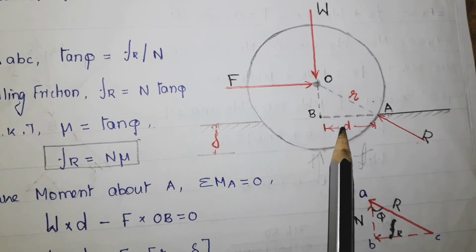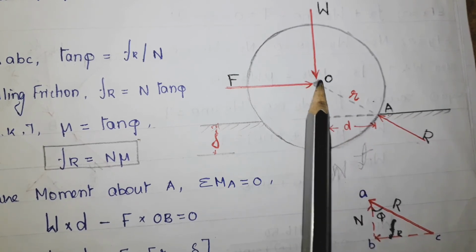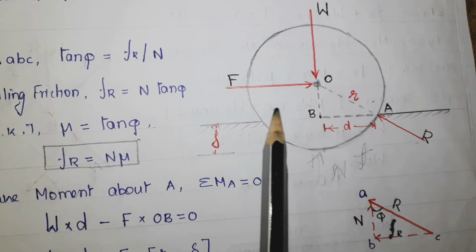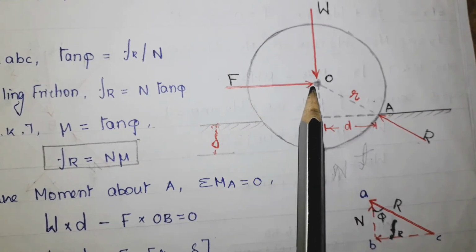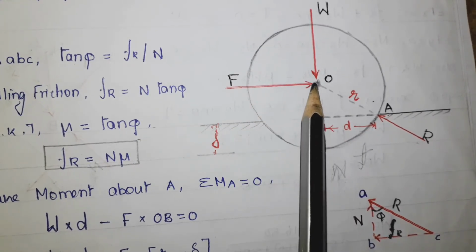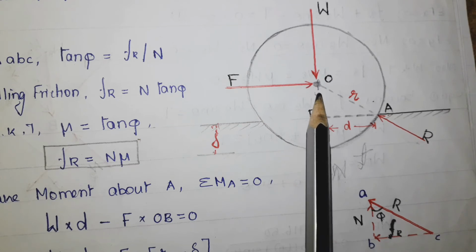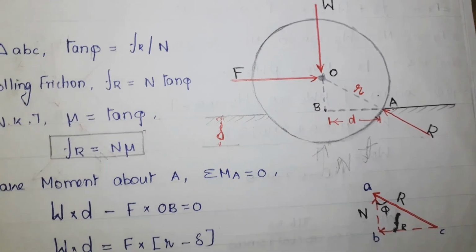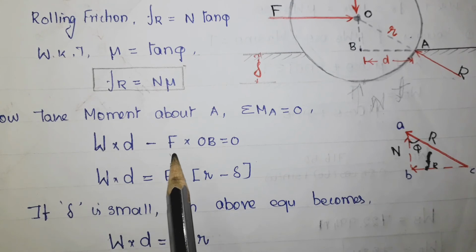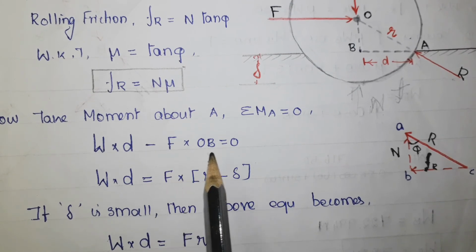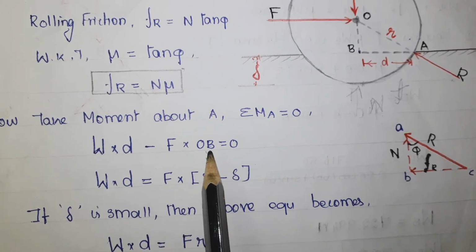So W into D is the moment of this W with respect to point A, and for F, the perpendicular distance is this one, that is the distance between O and B. So here it is written W into D minus F into OB equal to 0. Here it is given as minus.